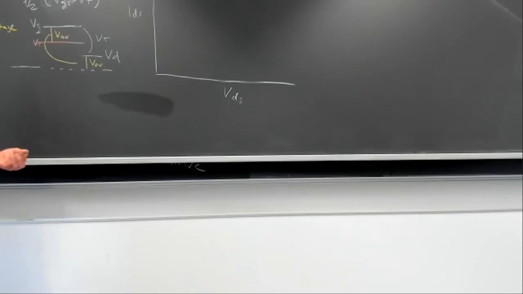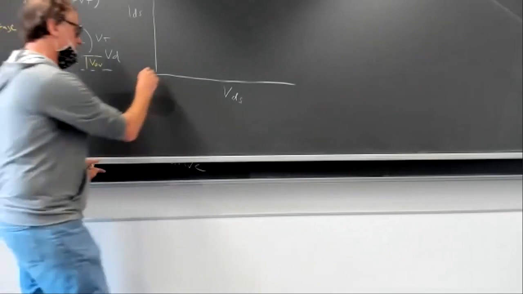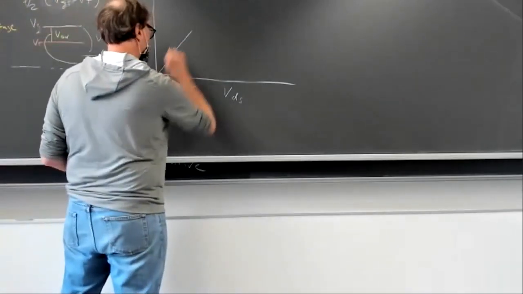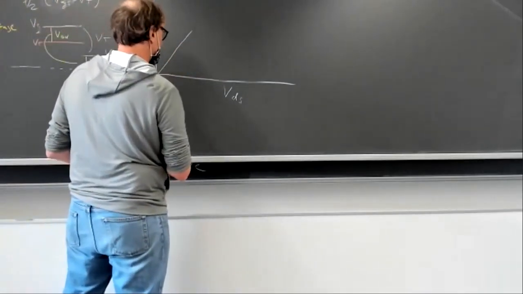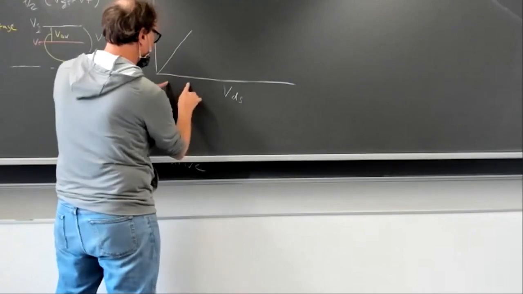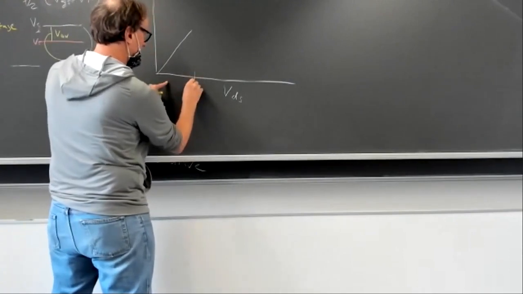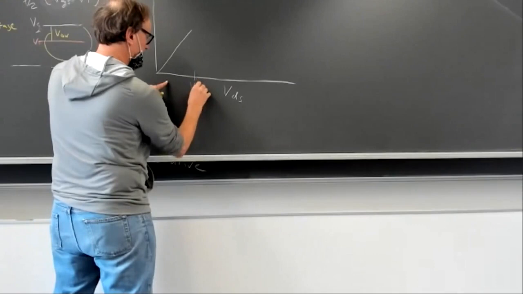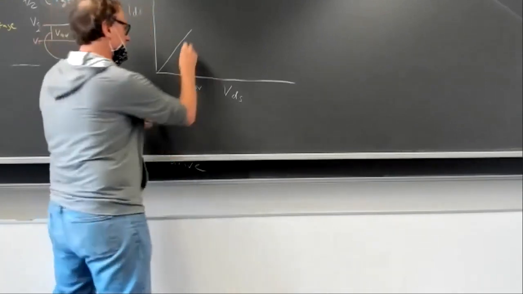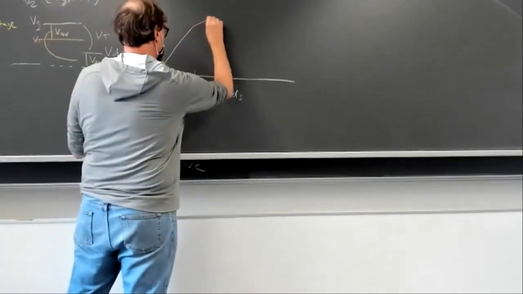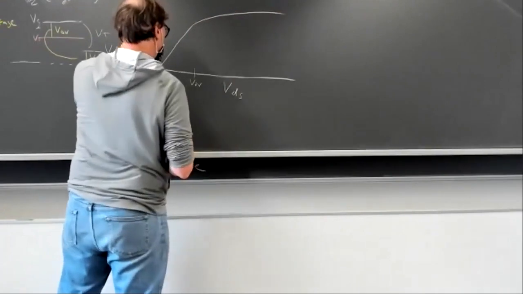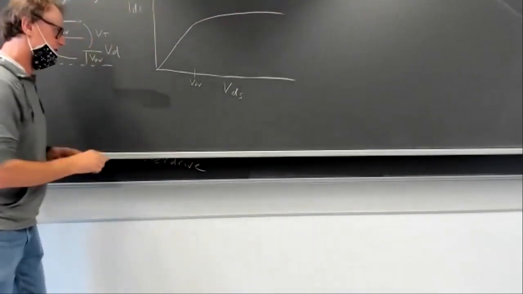How much does it change when the drain source voltage is small? That's the equation we drew before, the ohmic region, right? So it'll go like this. Now, when we reach this overdrive voltage, the current won't increase anymore. It will saturate. That's what happens. This is the ohmic region.